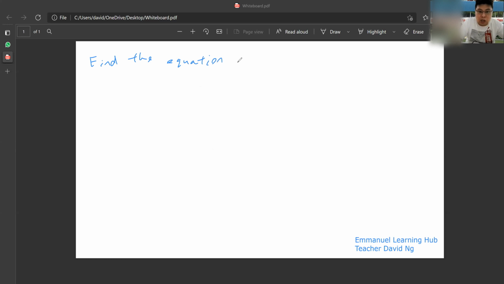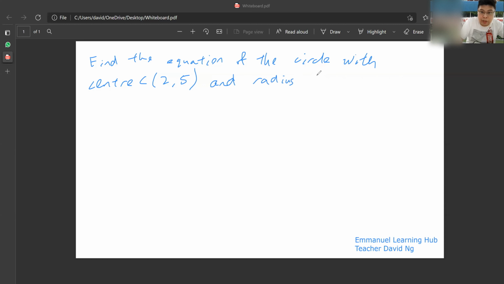Find the equation of the circle with center C, maybe 2, 5, and radius maybe 7. Then in the equation of the circle, in standard form.